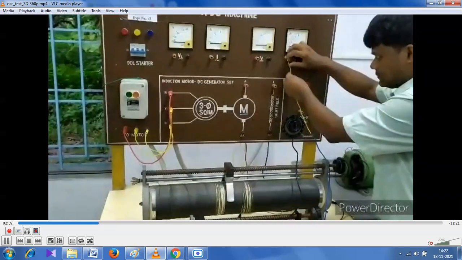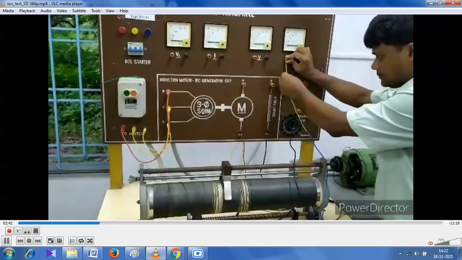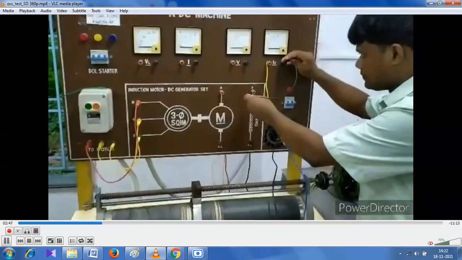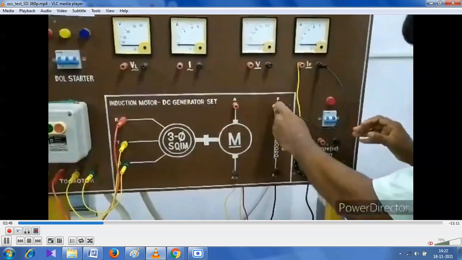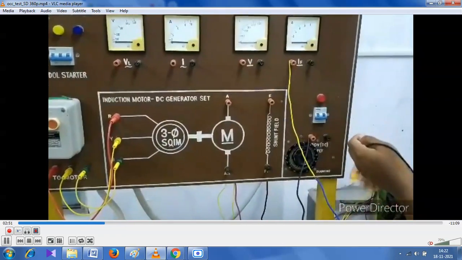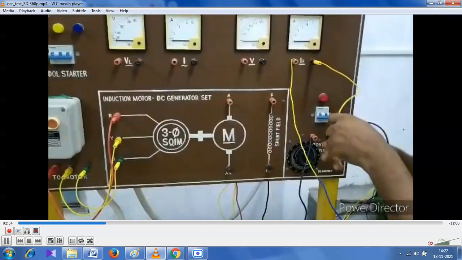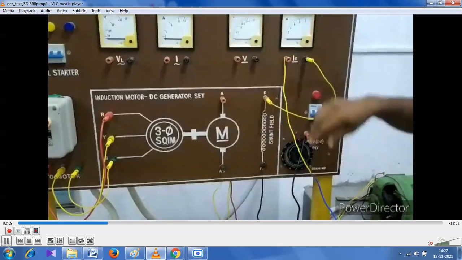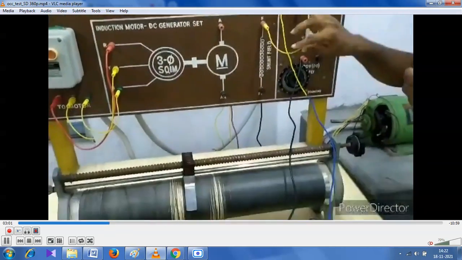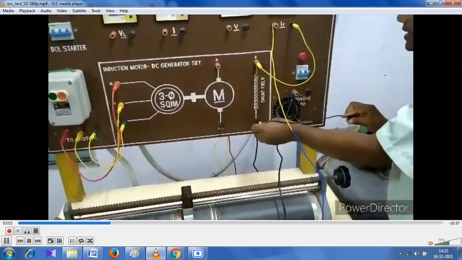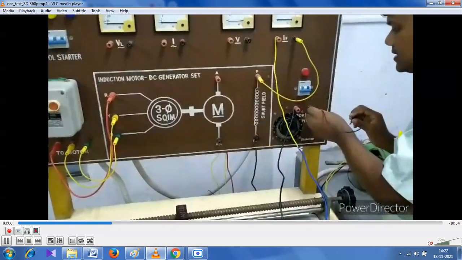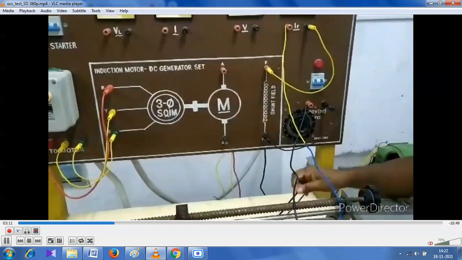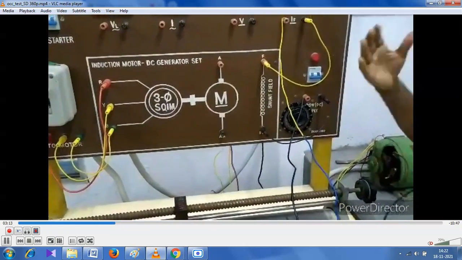First, make the circuit of the field. From the positive terminal of the supply, we connect a variac, that is a variable resistance, and from that we connect an ammeter in series.